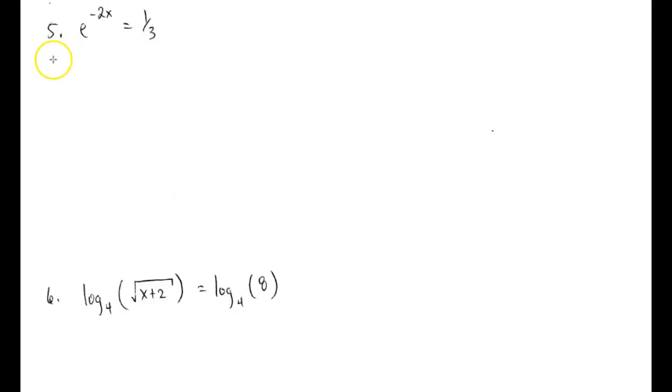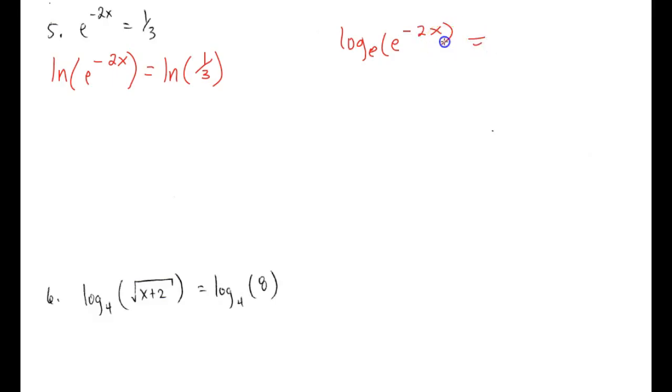If we do that, then we will have natural log of e raised to the -2x equals natural log of 1/3. And so here, again, noting that natural log is the same as log base e of e raised to the -2x, we know that all of that could just equal -2x.